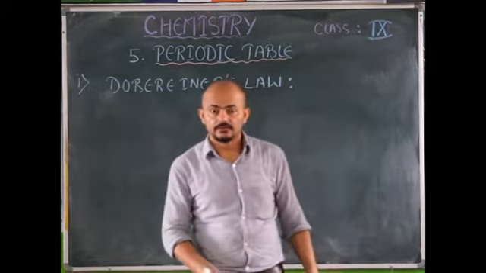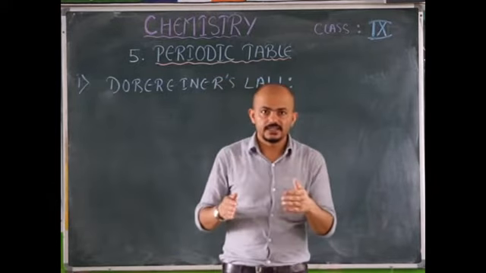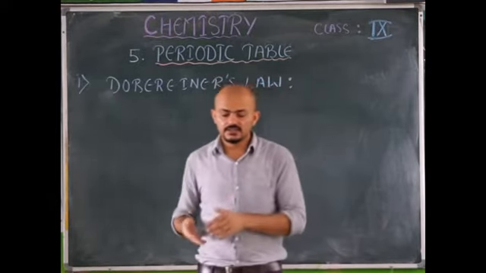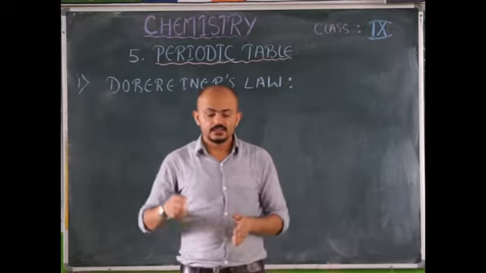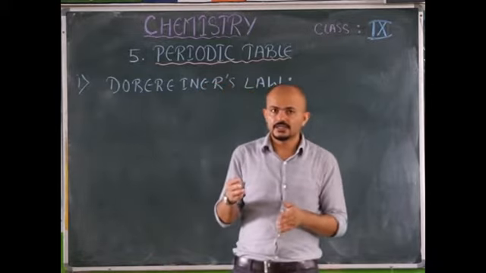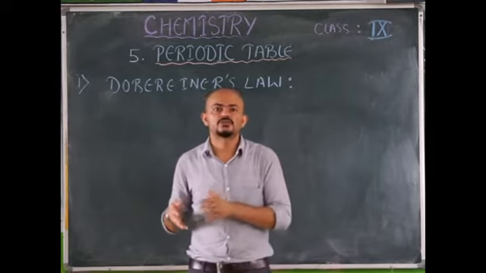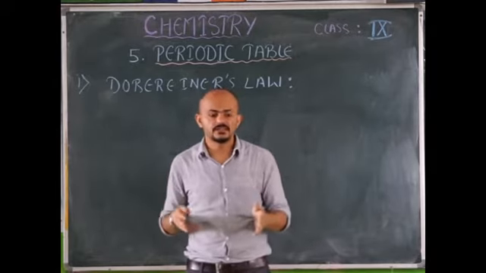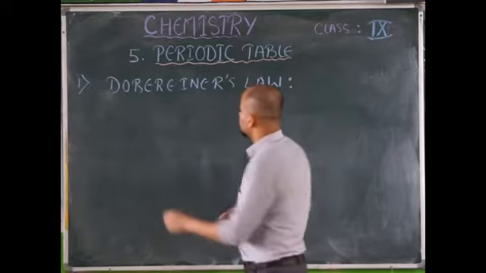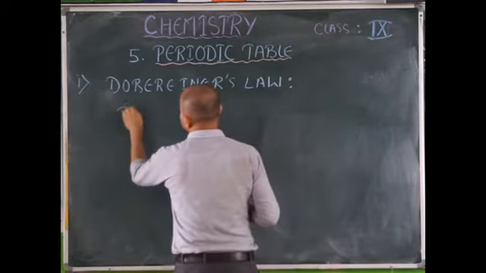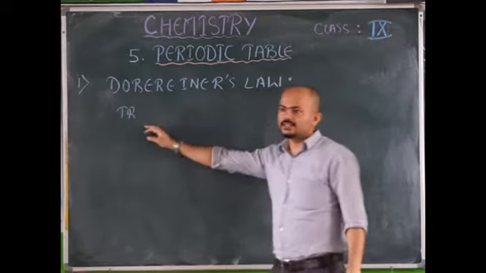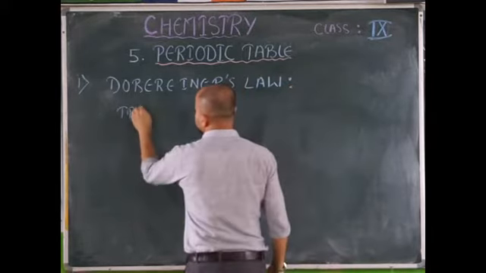When he observed even more closely, he saw that three elements have similar properties, and he categorized them into triads. Triad means three. So he came up with the idea of triads.